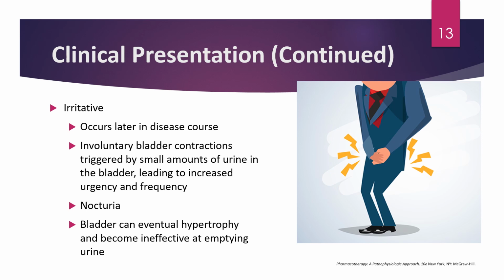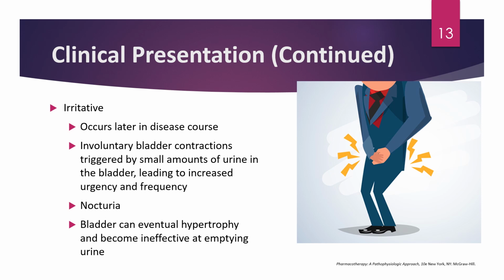Your bladder has become very reactive to any amount of urine that is there and tries to push it out. And as a result, you're going to have increased urgency and frequency, even in some patients who may have things like urinary incontinence.